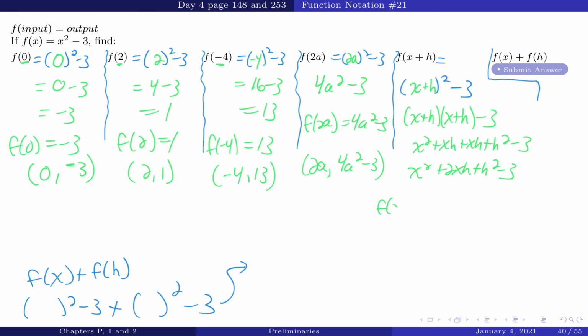And that's what f of x plus h equals, okay? As an ordered pair, it would just be a really messy ordered pair. This kind of stuff isn't written as ordered pairs too often.